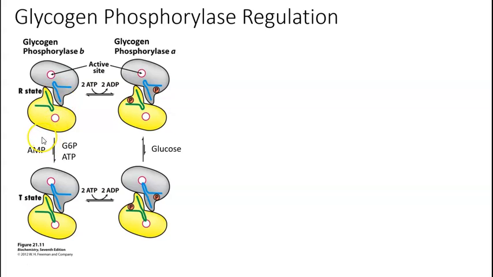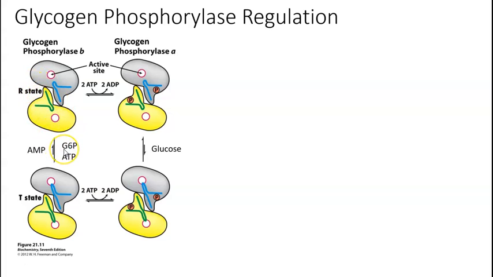of AMP. This means that AMP, adenosine monophosphate, means that we have less energy. A lot of this energy has been used. In the presence of AMP, that means that we don't have the triphosphate form, which is higher energy. This is going to be the state that is preferred.